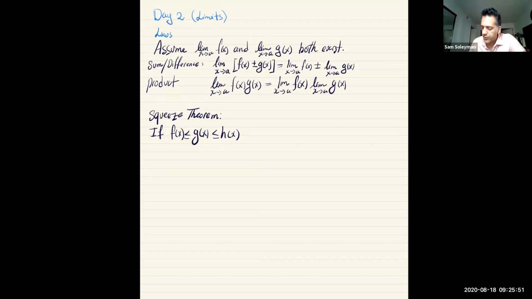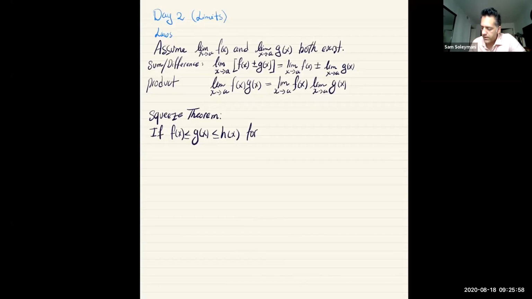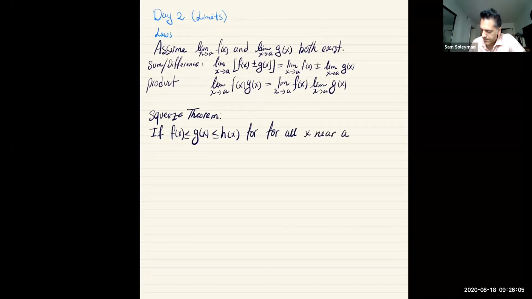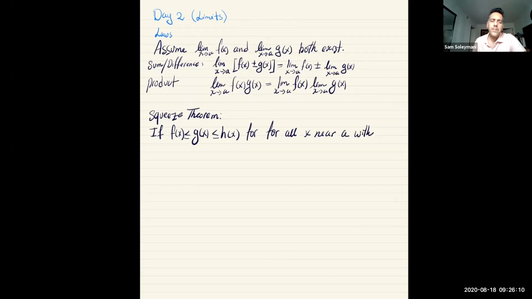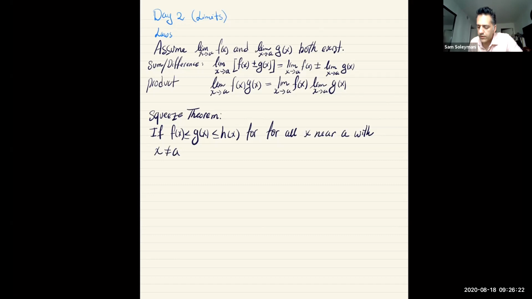This could be true for all x near a, with x not equal to a necessarily. Okay, so not everywhere, but in the neighborhood of a. All right, g is between f and h.